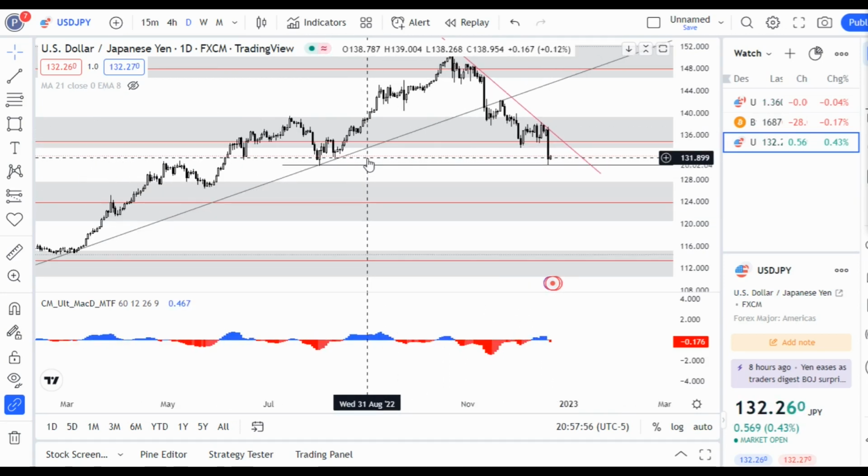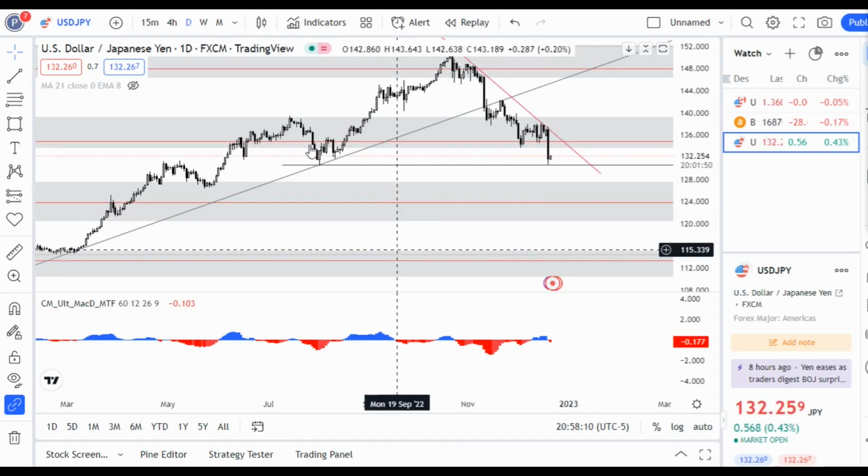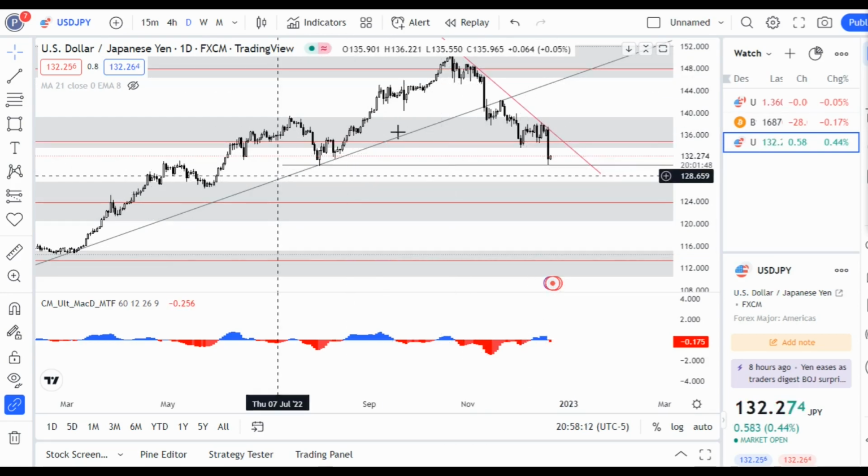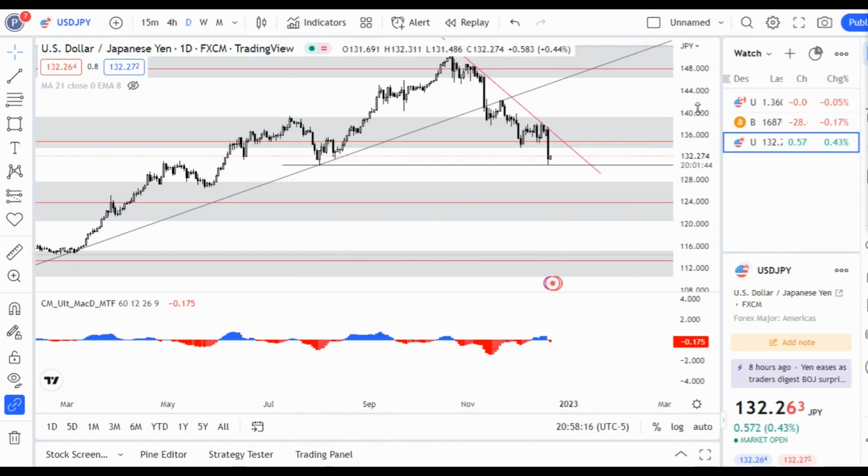So we actually cannot make a decision right now whether we have to buy or sell in the daily, because it is on a selling trend here. But the market structure for the buyers hasn't yet been broken, so anything can happen. It can push from here buying, and it can go up before it comes down.